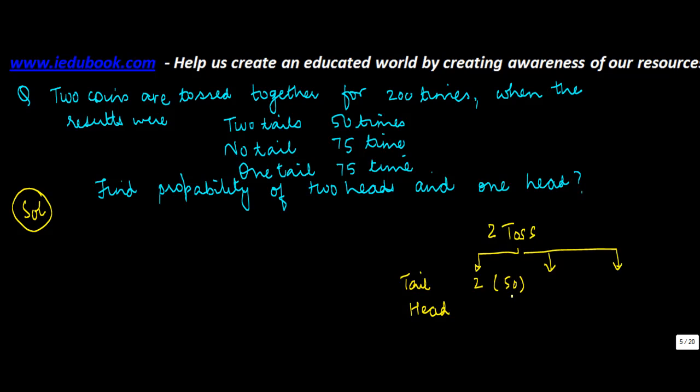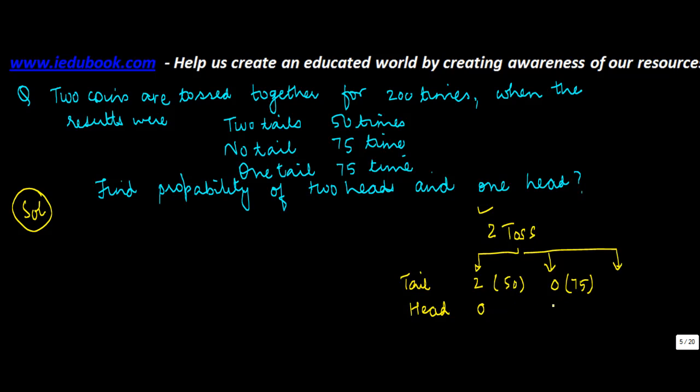When you have two tails, what does this mean? The number of heads is 0. Why? Because there are two coins, so if both of them got tail, the number of heads is 0. Second is no tail. So the number of tails is 0, which is 75 times.